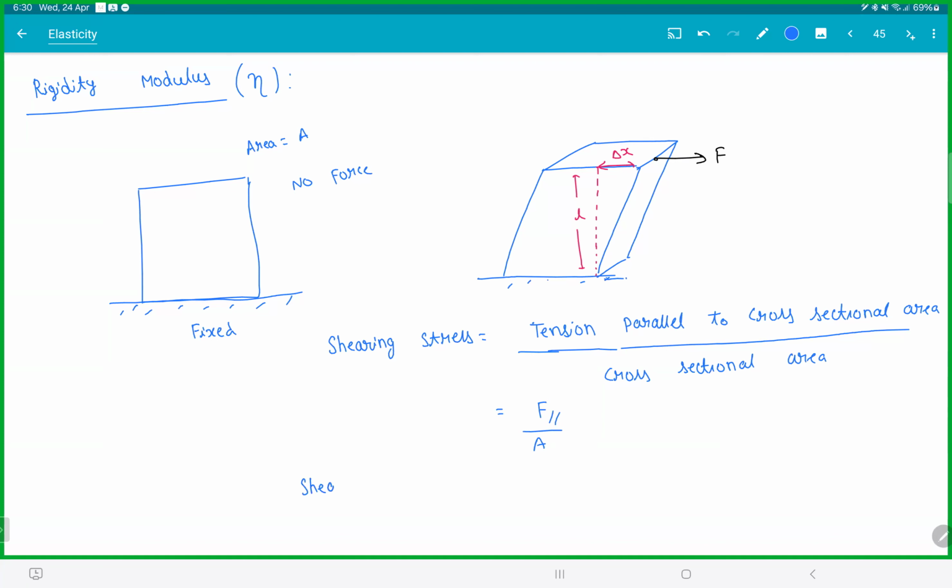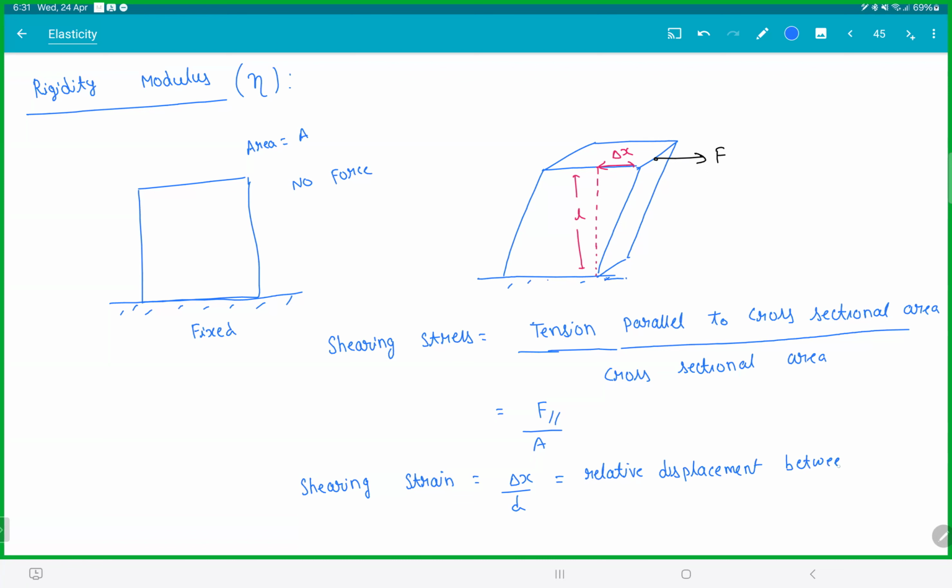Then we also define something called shearing strain, just like longitudinal stress and longitudinal strain, but here the idea is different. So shearing strain is given by delta x by d, which is the relative displacement between the two layers. In this case, it is delta x. If you see, the upper layer has moved delta x, the bottom layer didn't move.